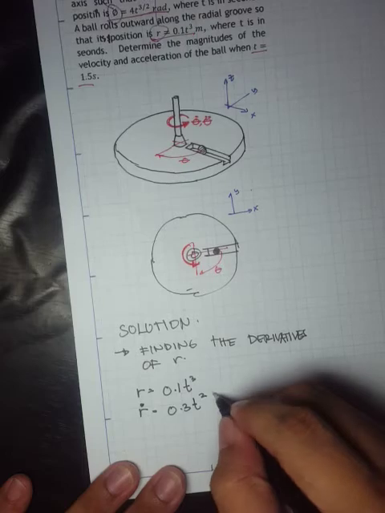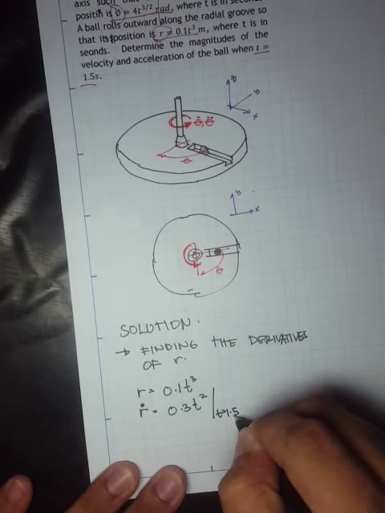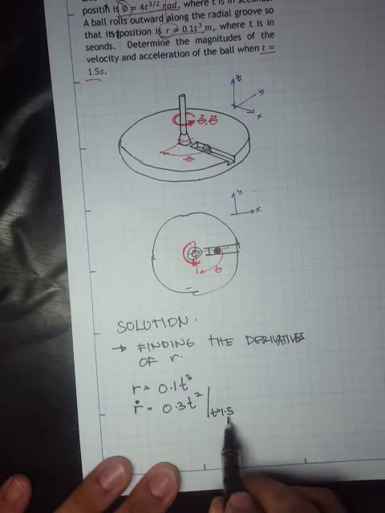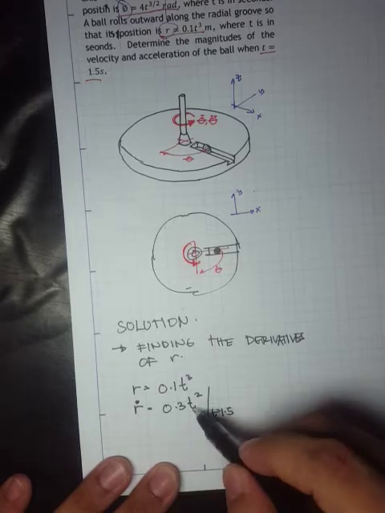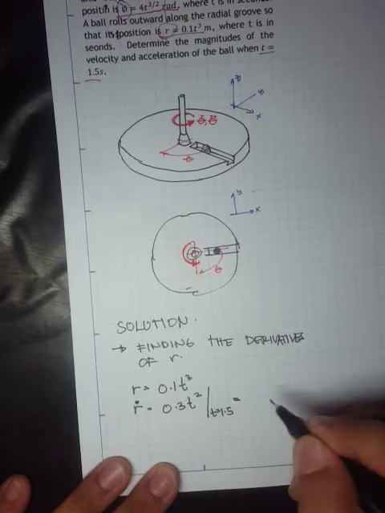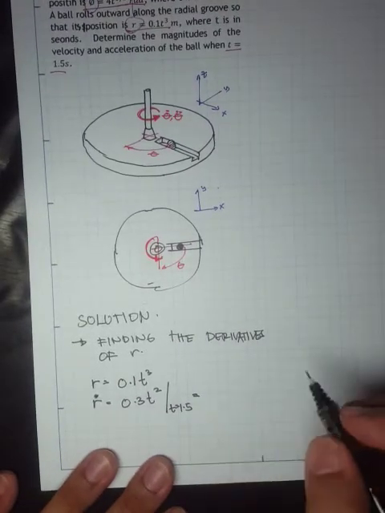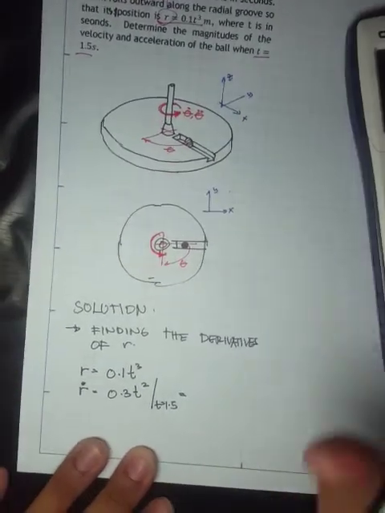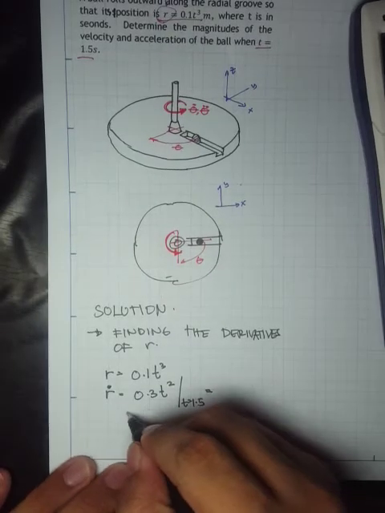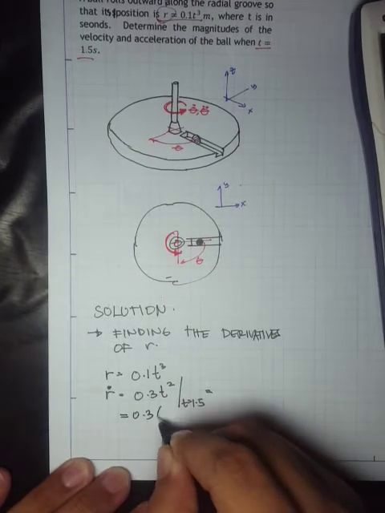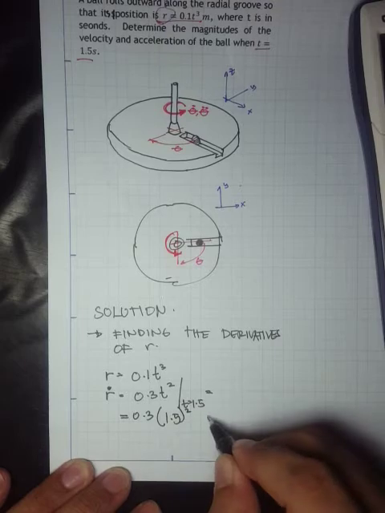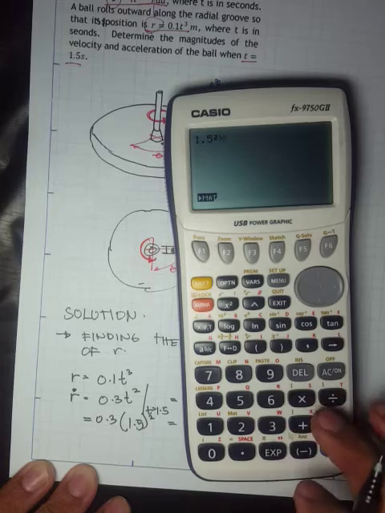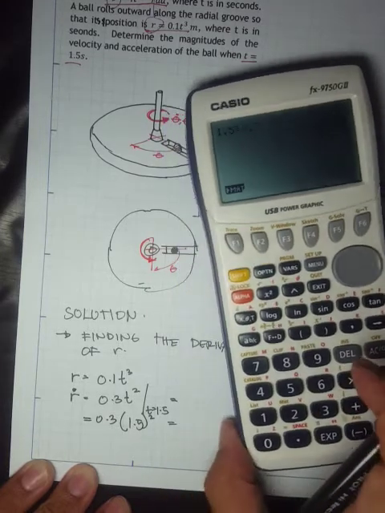If we evaluate this at t equal to 1.5, meaning we substitute 1.5 for t, we get 0.3 times 1.5 squared, and that's 0.675.